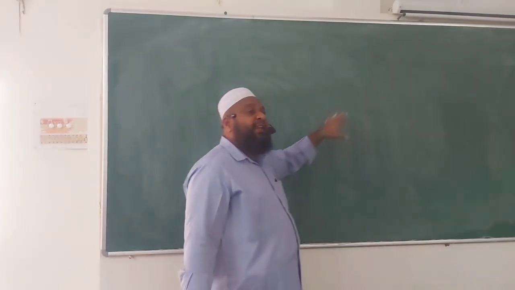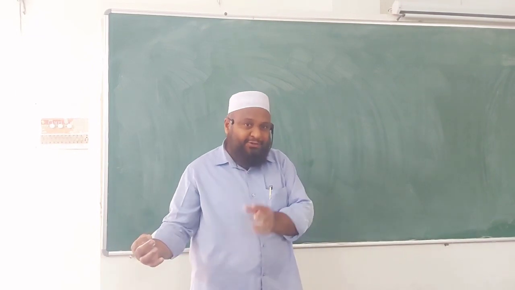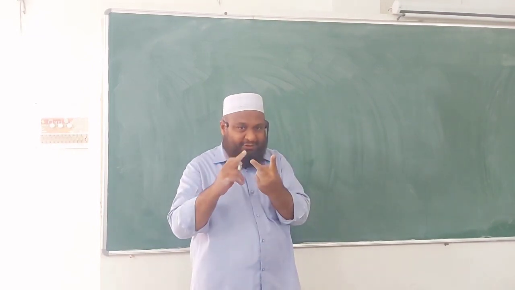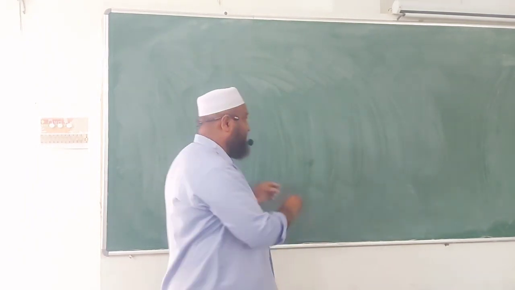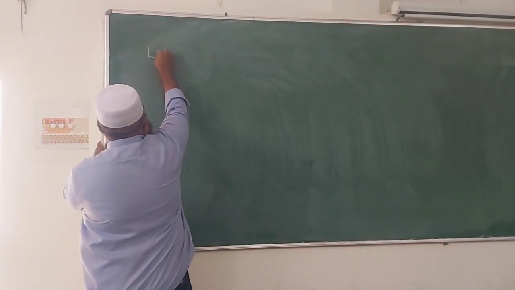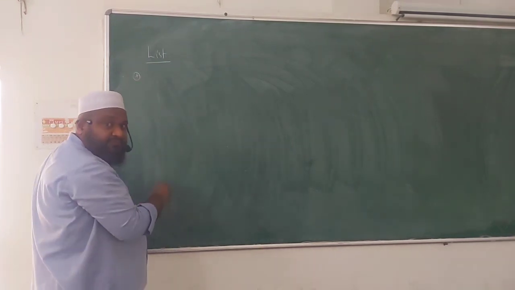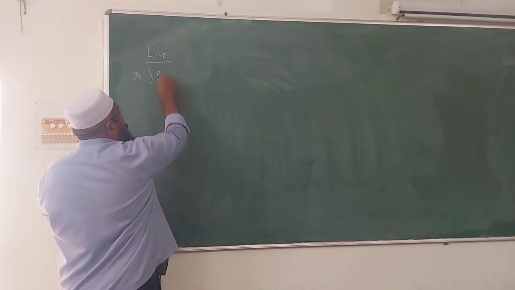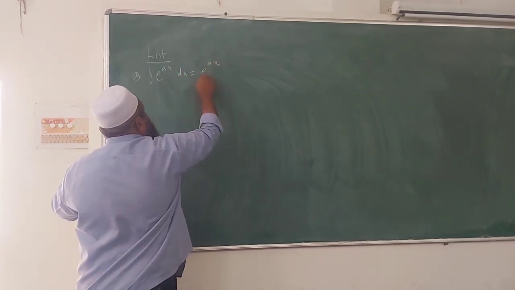Listen, whenever we want to handle the problem of integral, in the background you should have two things. What are the two things? Number one, you should memorize the list of formulas. So first comes the list. Tell some of them. Integral e to the power of ax dx is e to the power of ax by a.